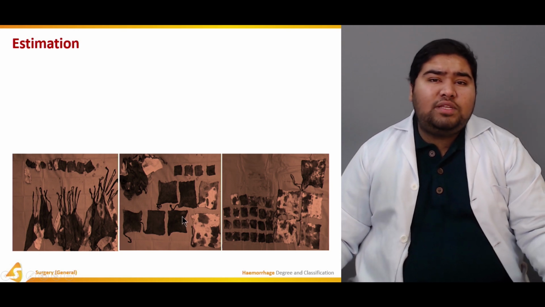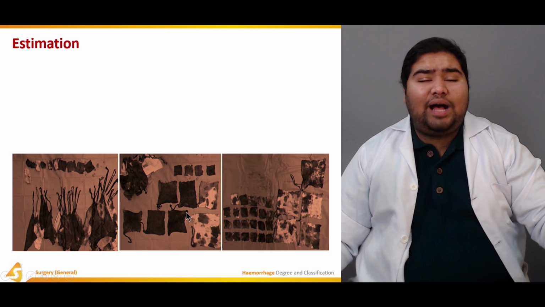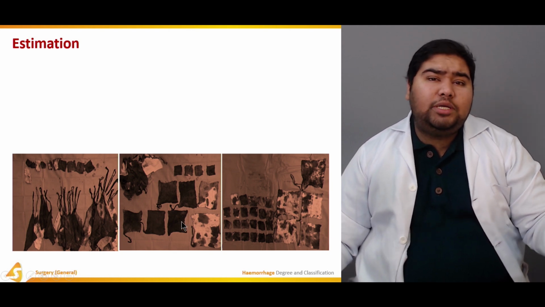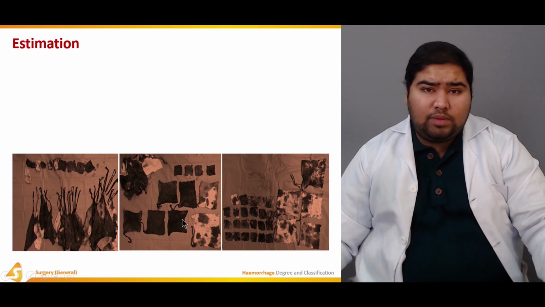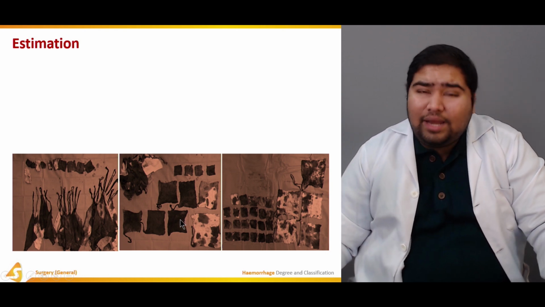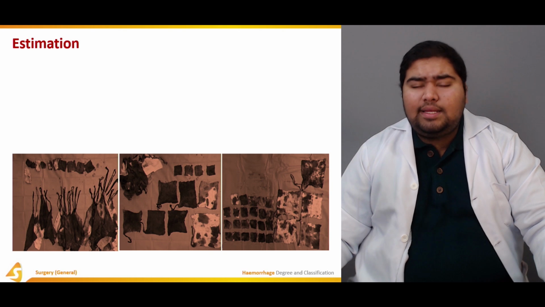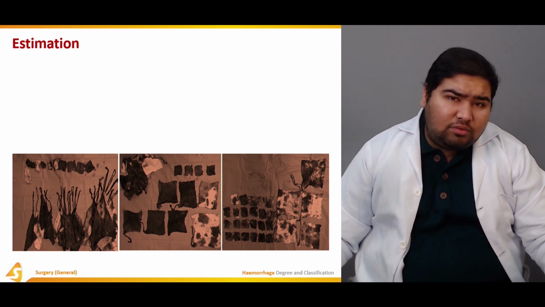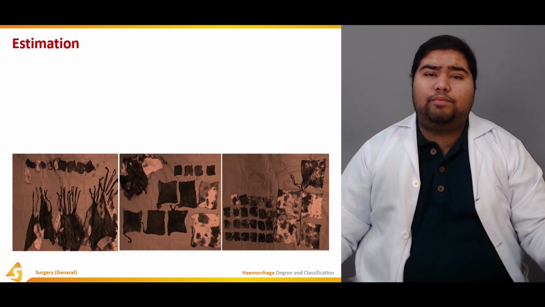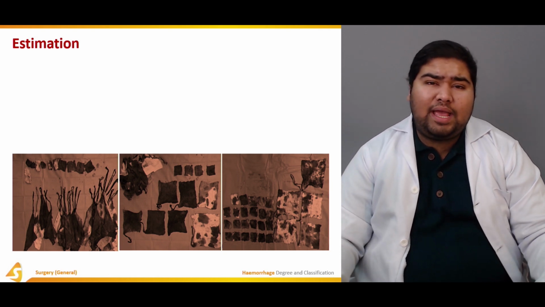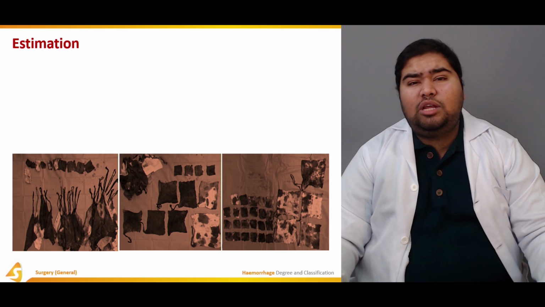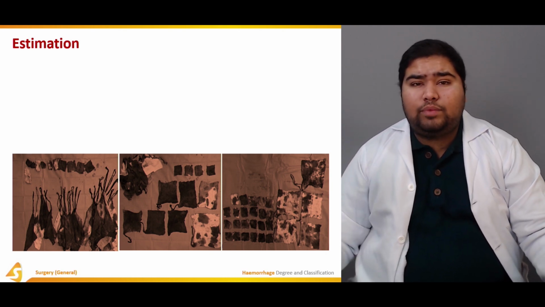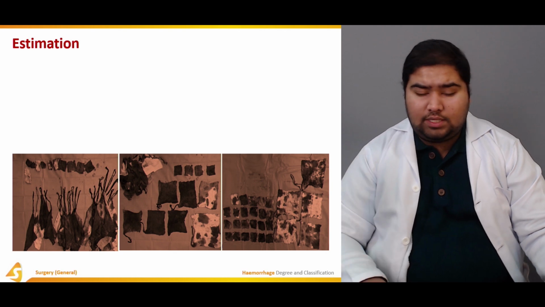By weighing these gauzes, we get an idea of how much blood these gauzes have soaked, because these gauzes are initially dry and almost weightless. And once they absorb blood, they gain a lot of weight, and by finding the difference, you can actually quantify the amount of blood that has been absorbed by these gauzes.